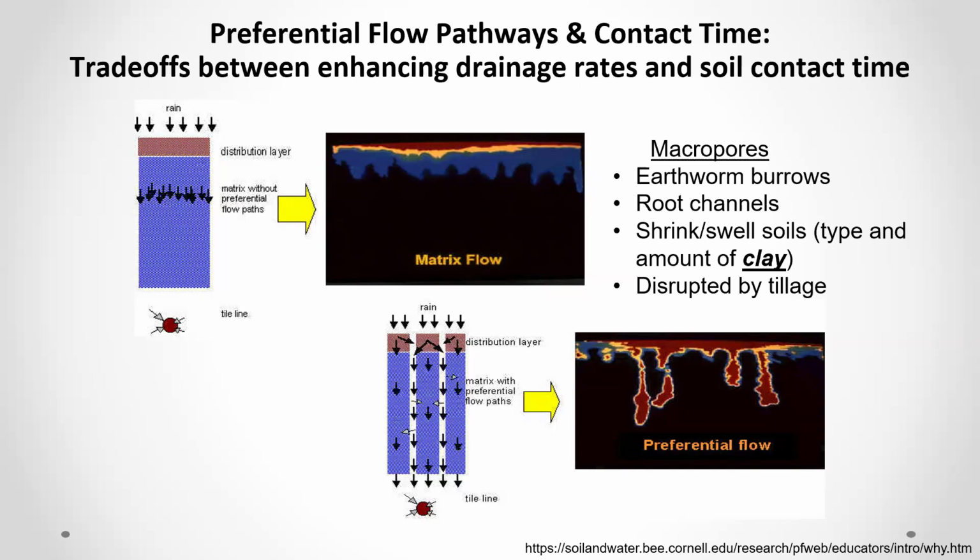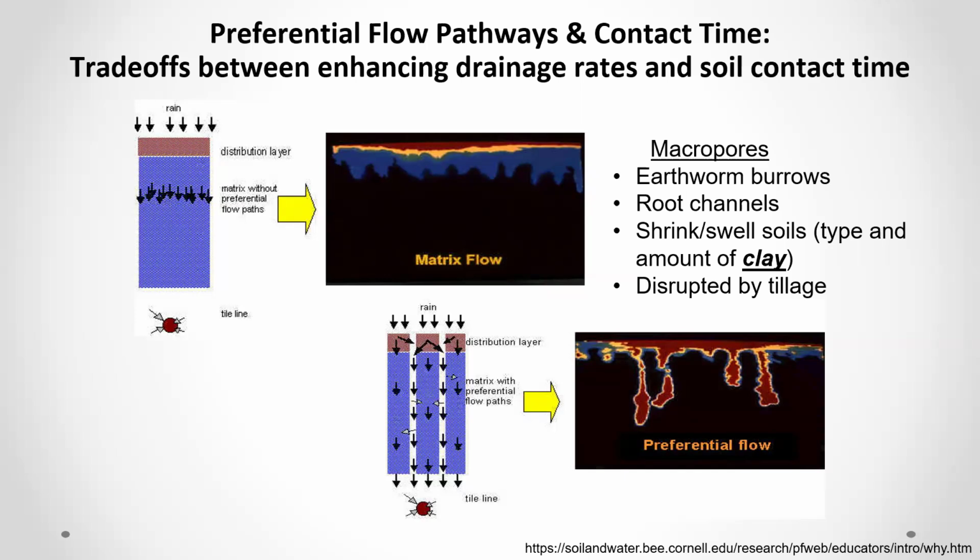When we just have matrix flow, or none of those large macropores, we're moving in a slow, uniform front. In comparison, when we have these large cracks in the soil, the water can move very rapidly. So where we might have matrix flow occurring on the order of hours, preferential flow can essentially move on the order of seconds.